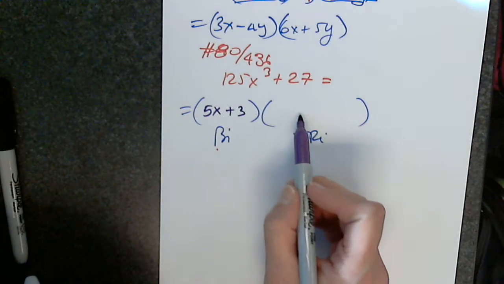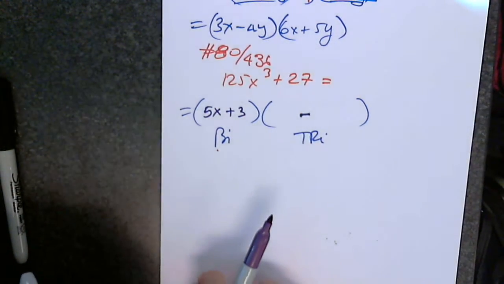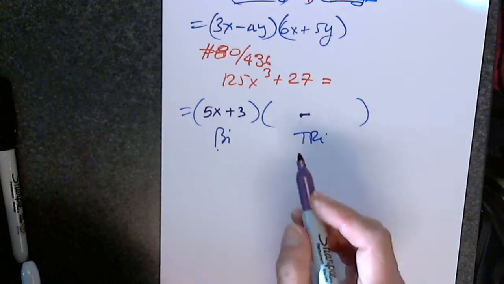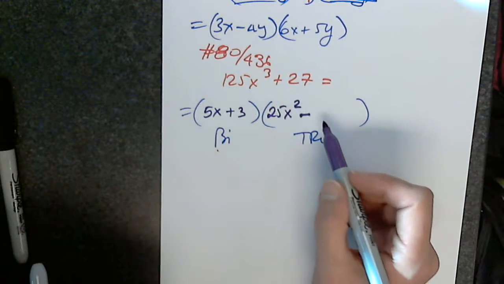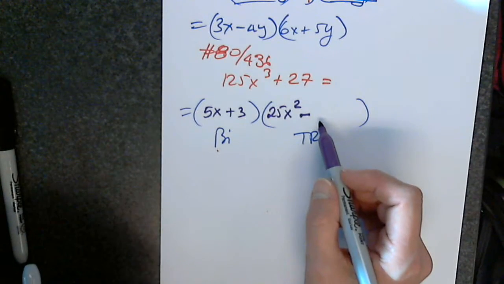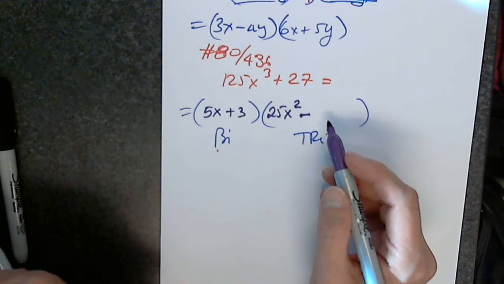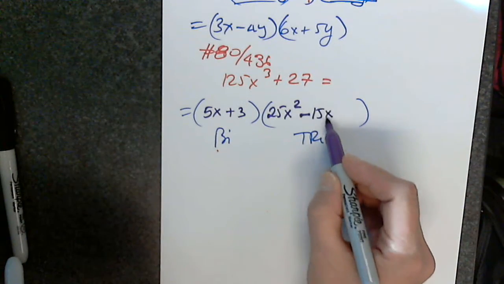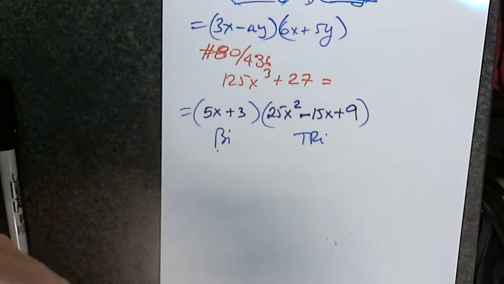Good. What will be the sign right here in the middle? Minus. Very good. Excellent. First term squared. Good. The middle term, 30x. Very good, but it does not have the 2. The 2 is from a different formula. 15x plus 9.